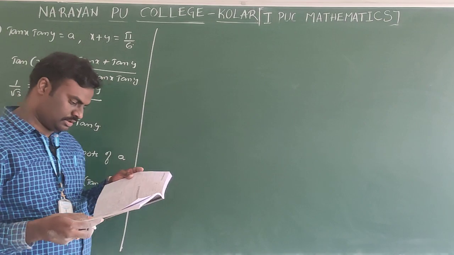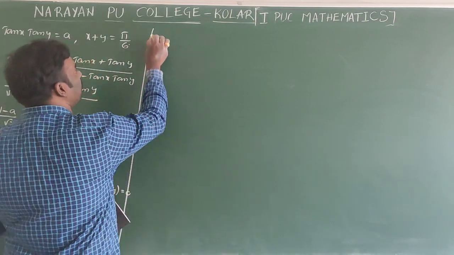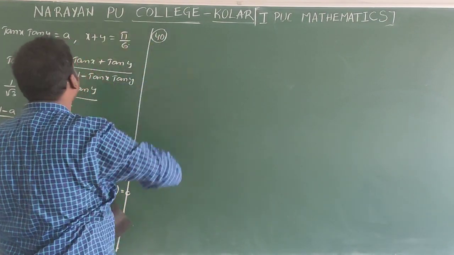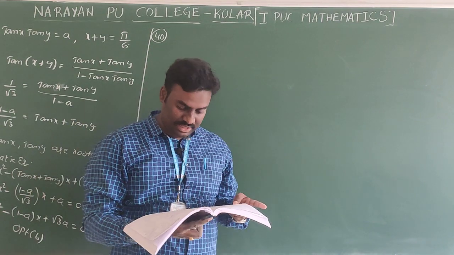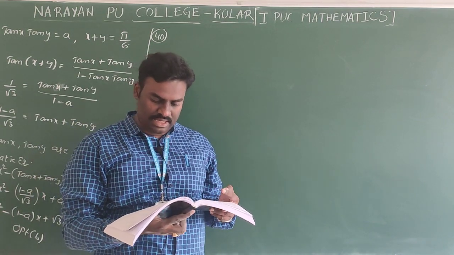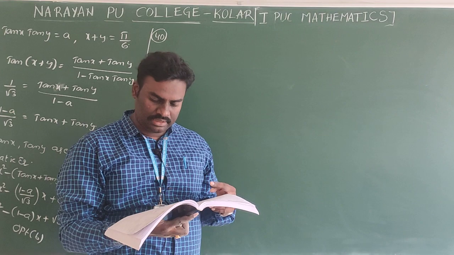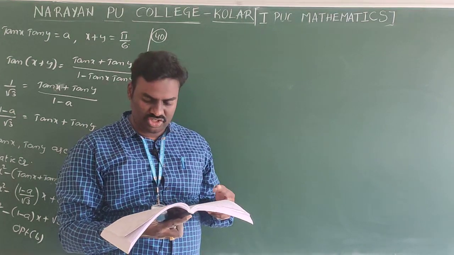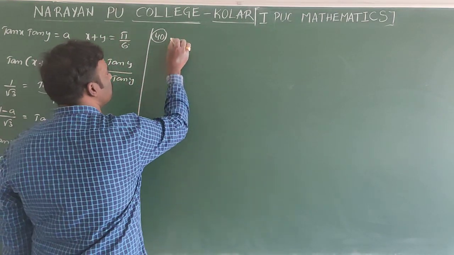Next, question number 40. In question number 40, they have given if sin A, cos A, tan A are in GP. Simple question.